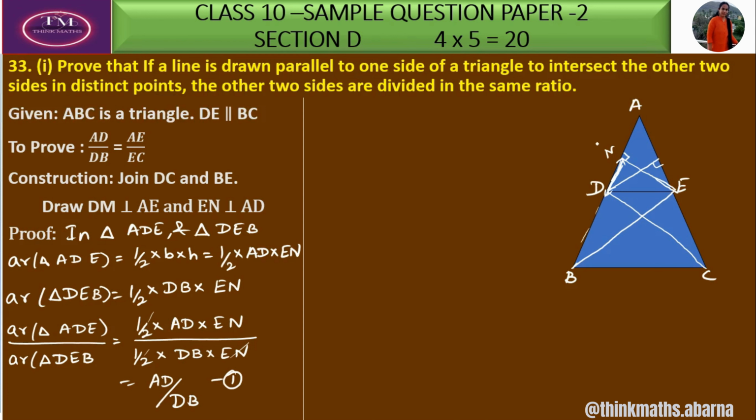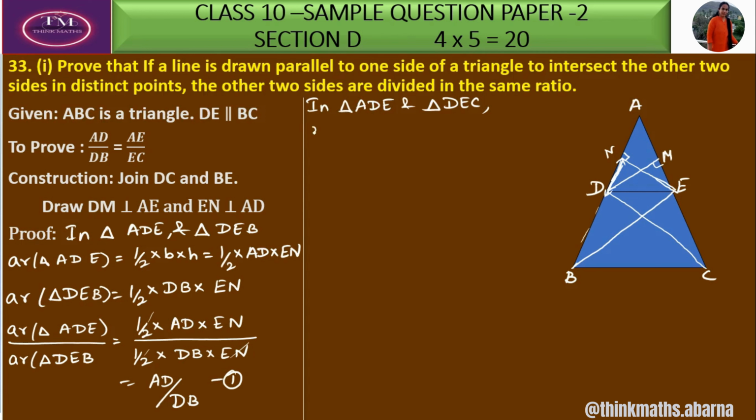In the same way, here we took the left hand side part. Now we are going to take the right hand side part. So in the same small triangle ADE and the right hand side triangle DEC, I am going to find out the area of triangle ADE with the base as AE. Here DM is the perpendicular.